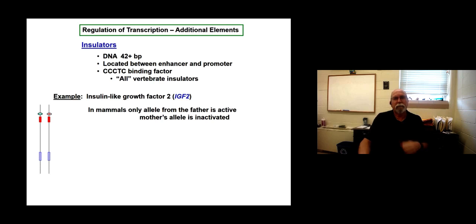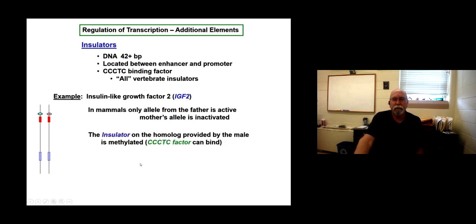Okay, only the allele that we get from dad is active. Okay, the mother's allele, the one you get from the maternal side, is inactive. The reason for it is that there is an insulator that is found for this gene. Okay, and that insulator is actually activated, okay, it's activated by methylation in the male.